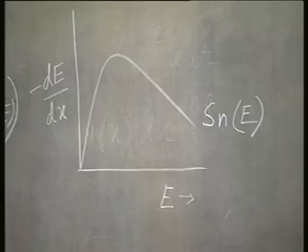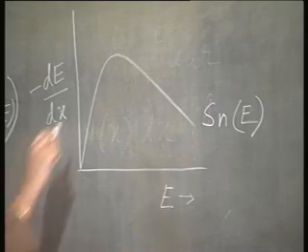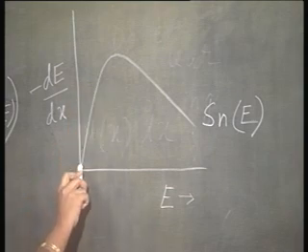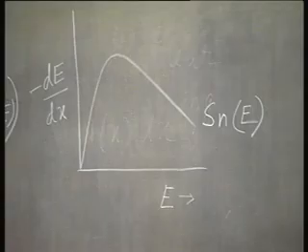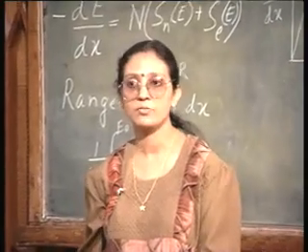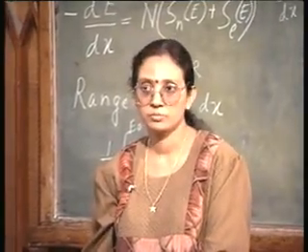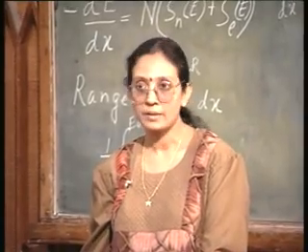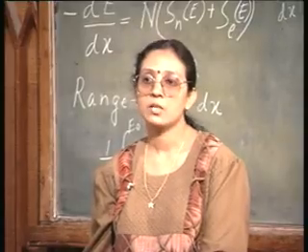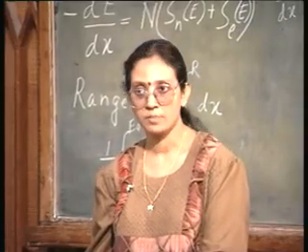And then again as the ion is losing more and more energy, finally the transfer also comes to 0 when the energy has fallen to 0. There the ion is coming to rest, it does not have any energy, therefore, it cannot transfer any energy to the lattice also. So, this is the actual pattern of energy loss by the nuclear stopping mechanism.